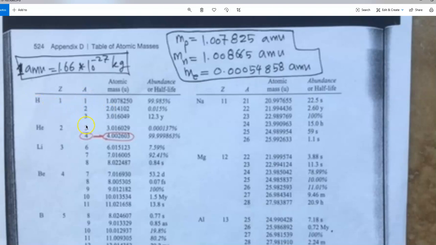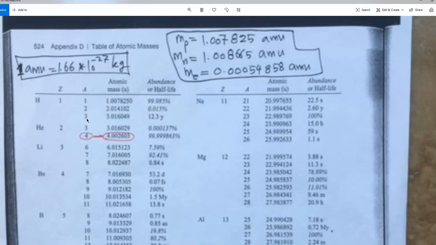We have here 3 isotopes of hydrogen. Of all of them, it turned out that hydrogen 1, the one in the periodic table, is 99.9855 or 58, whatever, percent abundance, which means the rest, minus 100, is the other two, hydrogen 2 and hydrogen 3.